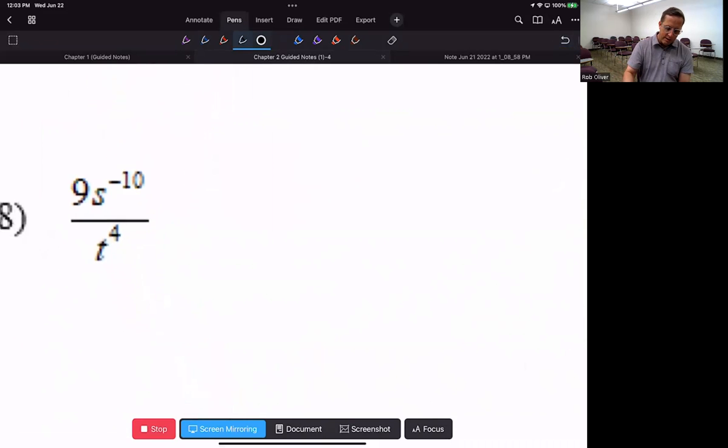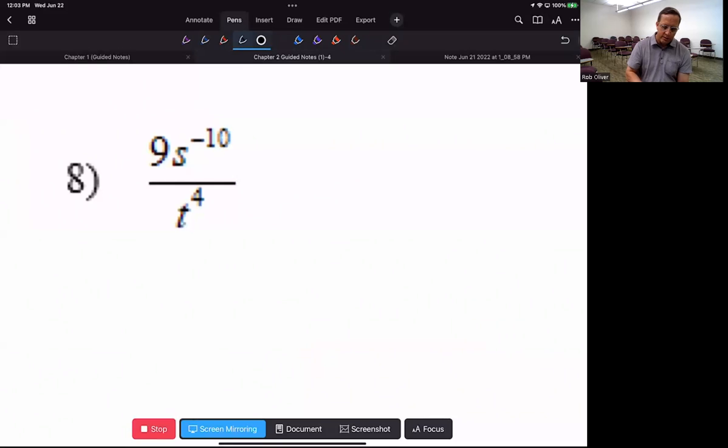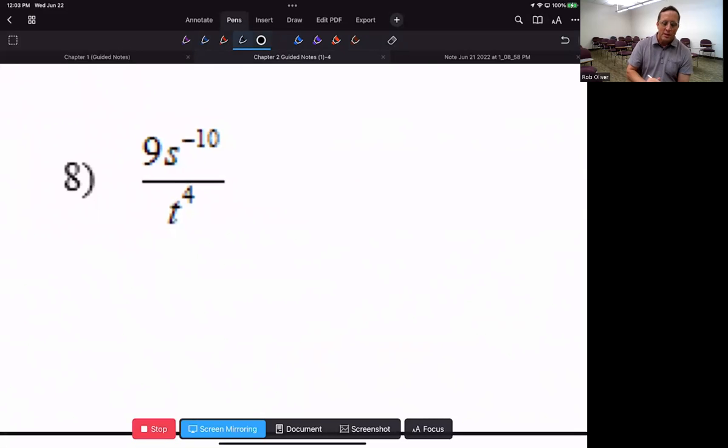All right, number 8. Number 8 is just like number 6, because on this one we're just going to move the negative exponent. So we're going to move the S to the negative 10th power down to the denominator. We're going to leave the 9 where it is.